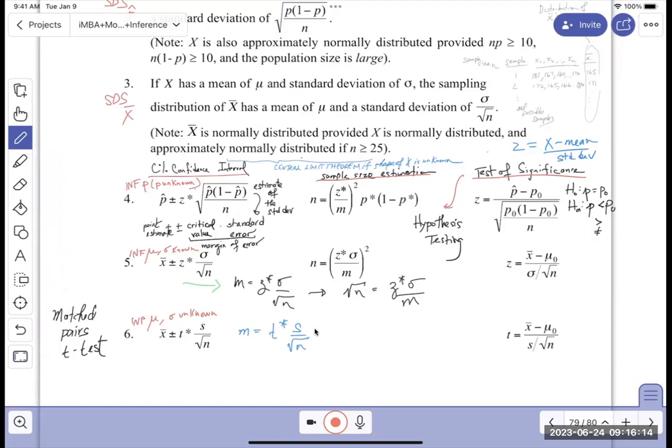And then to solve, it'll look like this: I'll cross multiply, and then I'll square. So that's where this formula would come from. So it looks like the one above, but S instead of sigma.